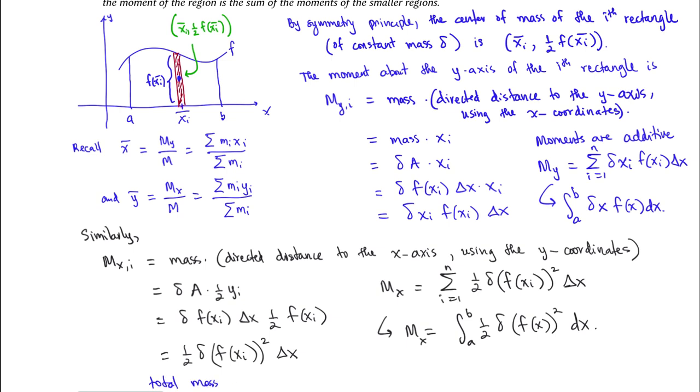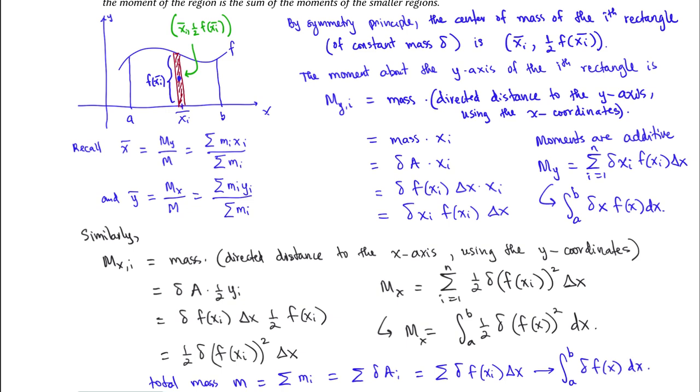We still need the total mass, where the total mass M is the sum of m_i, but m_i is delta times A_i, but A_i is the height times the thickness, so this is delta f of x_i times delta x. And as n goes to infinity, this is the definite integral from a to b of delta f of x dx.